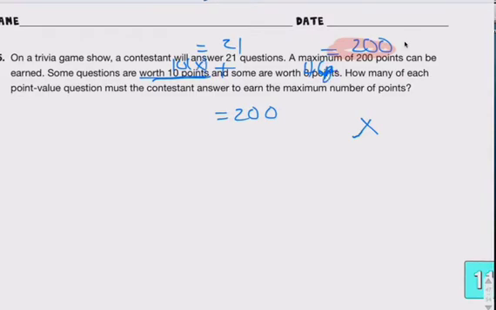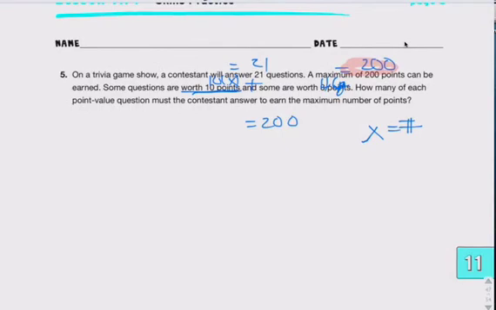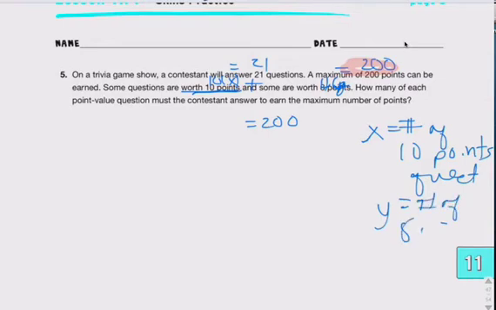Let's give this y. x equals the number of 10-point questions. y is the number of 8-point questions. Getting tired.